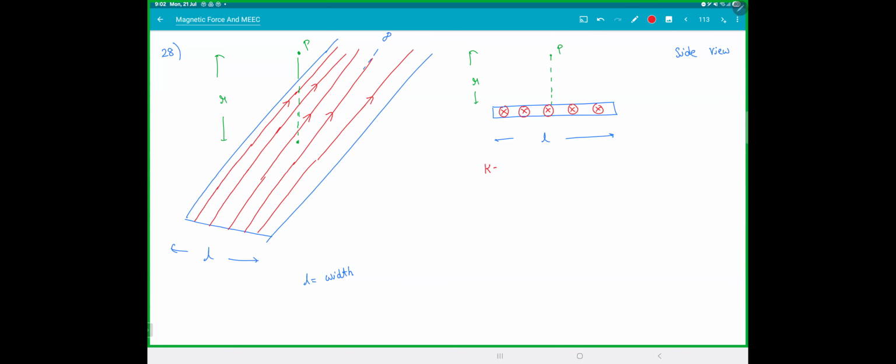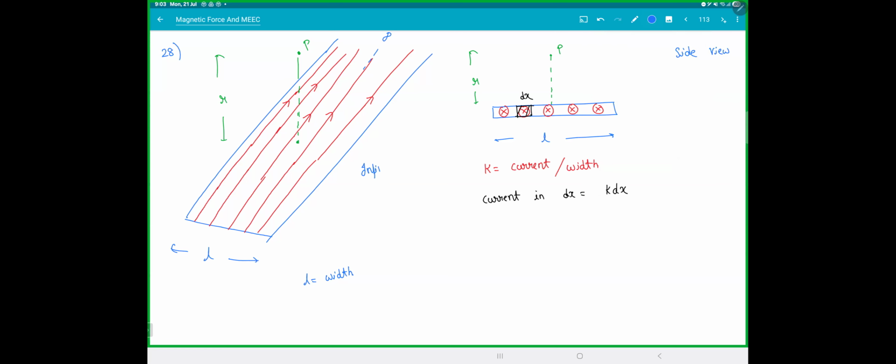We define K, which is current per unit width. That means if you take a small piece dx, the current in dx will be k dx. So you can treat that as an infinite wire basically. This is an infinite current carrying plate.